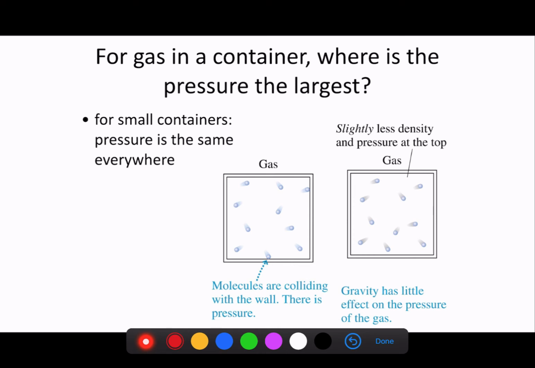We saw in our last video that gas under the influence of gravity has slightly more pressure at the bottom of its container than at its top. Now, if the container is a small container, like something you might use on a human scale, then we can essentially assume that this difference is very, very small, and we can assume that the pressure is the same everywhere.